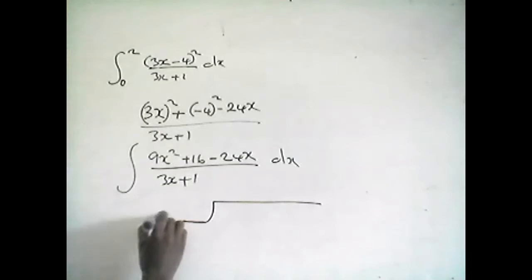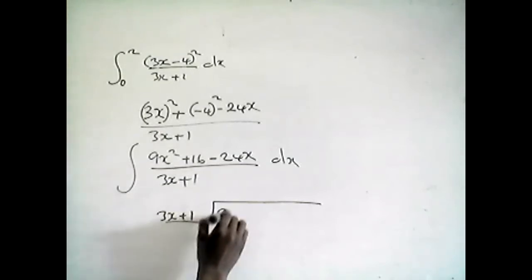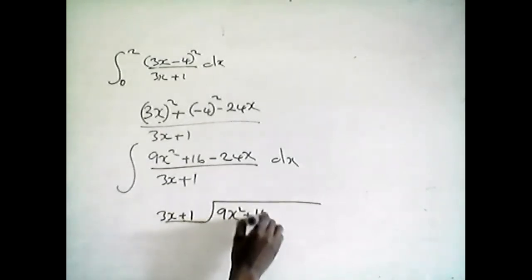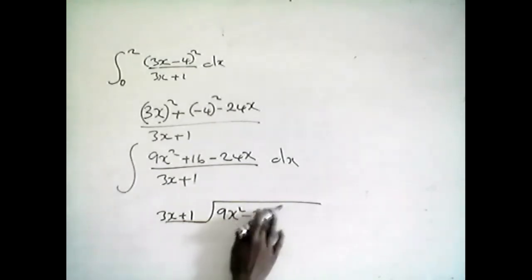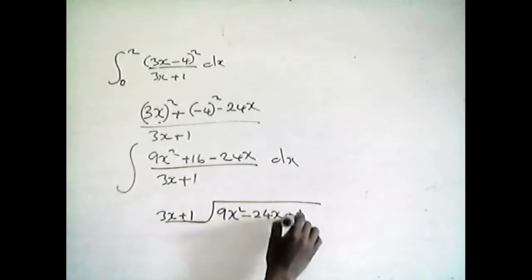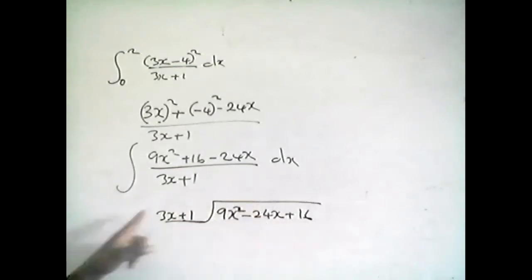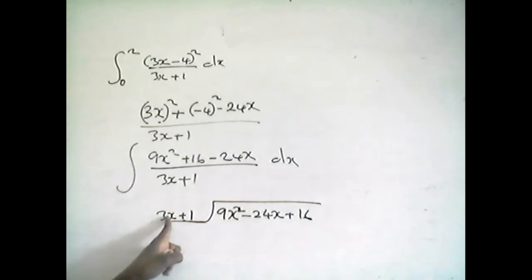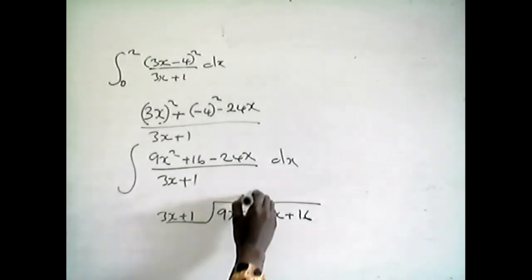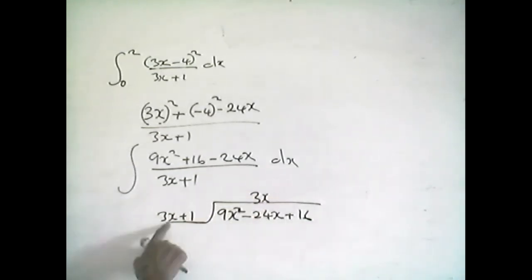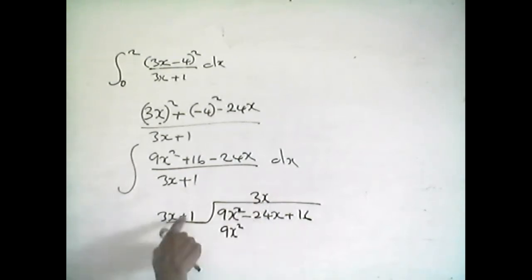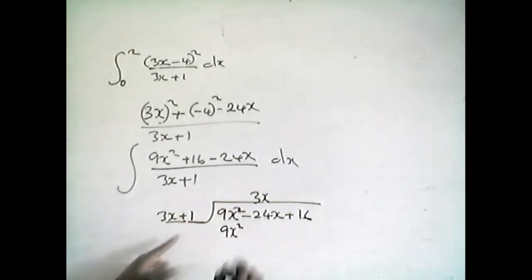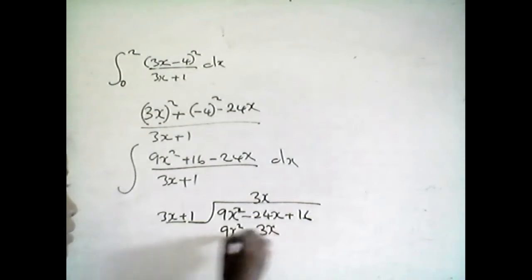So if we say 3x plus 1 into 9x squared minus 24x plus 16, I write them nicely. 9x squared divided by 3x gives 3x. 3x multiplied by 3x is 9x squared. 3x multiplied by 1 gives plus 3x.